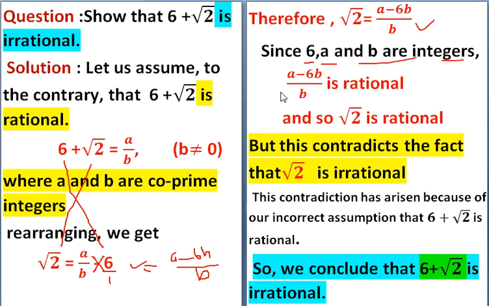6, a and b are integers because in the start a and b are given as integers, and if a, b and 6 are integers, then their ratio will be rational, because we know that if any value is in the form of p by q and the denominator is not equal to 0, then that value is rational.